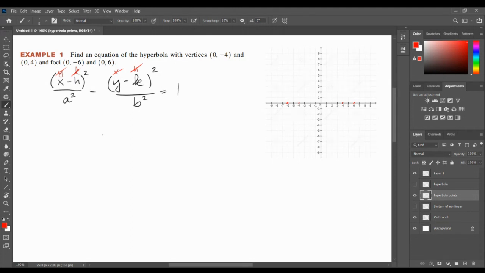When you have a horizontal transverse axis, then you get the x term first. And that's on our conic summary sheet. So we know that's the case. Now, I need to find the center. If you'll recall, the center is at (h, k).